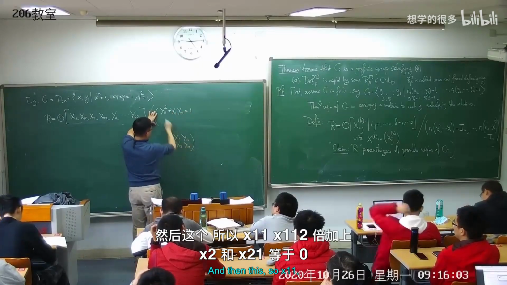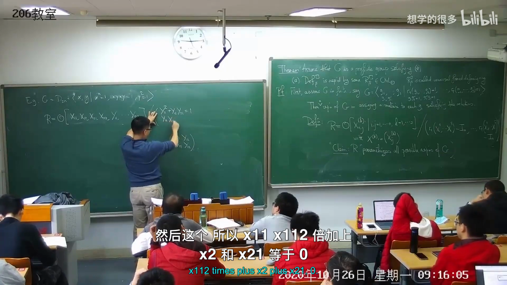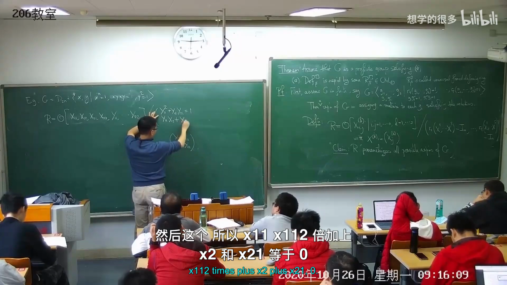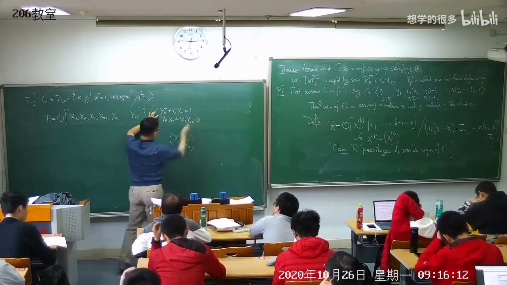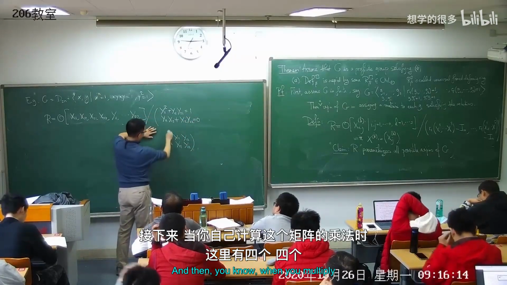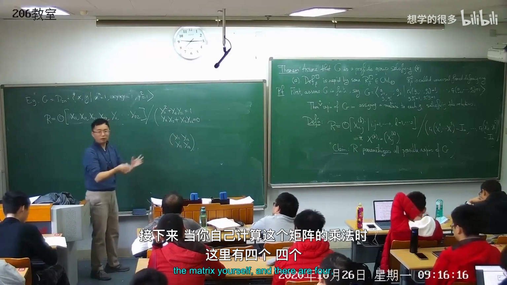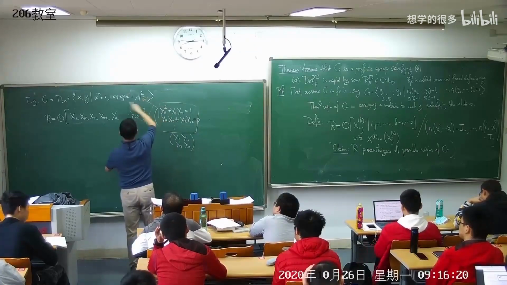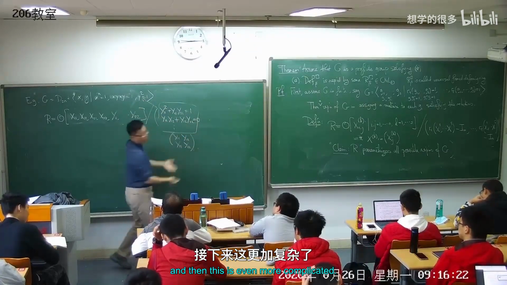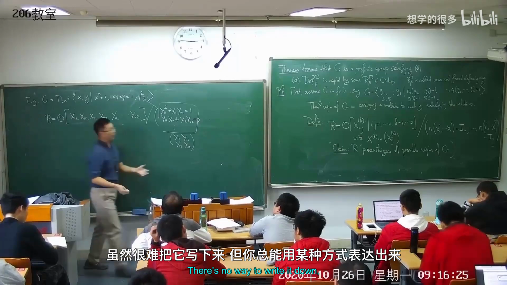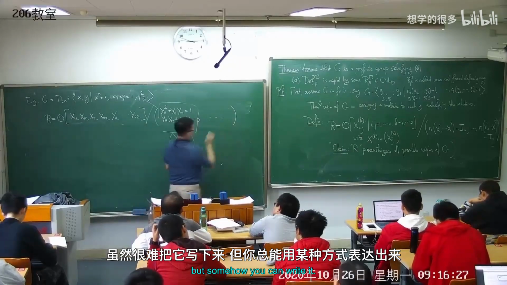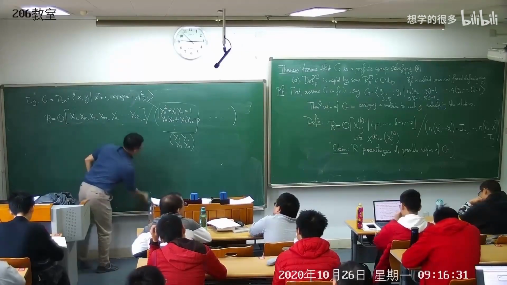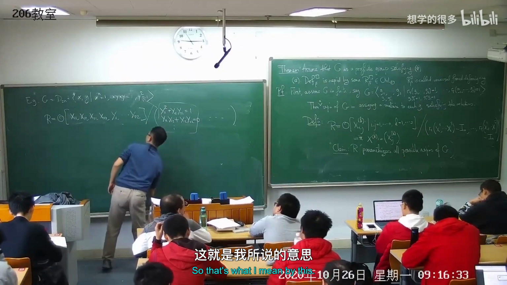And then x11 x12 plus x12 x22 equals 0. And when you multiply the matrix itself, there are four equalities here. And then this is even more complicated. There's no way you can write it all down, but somehow you can write that. So that's what I mean by this.